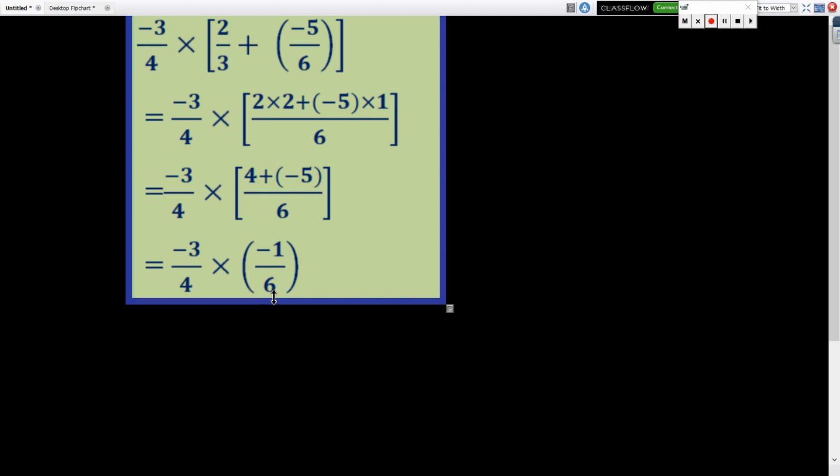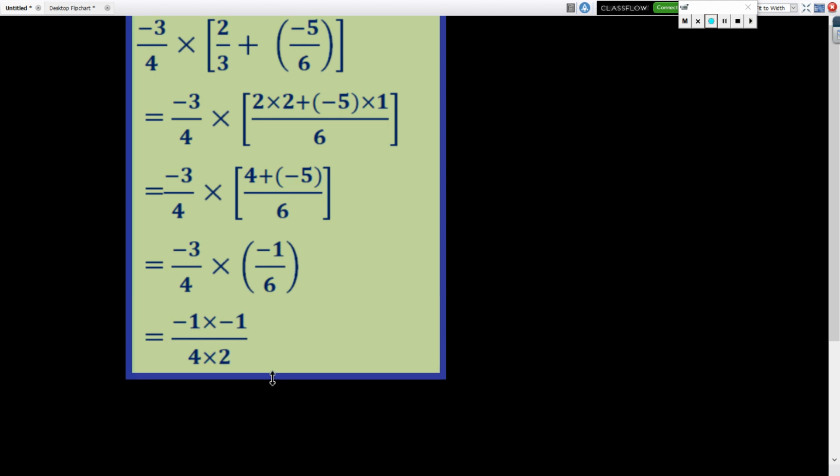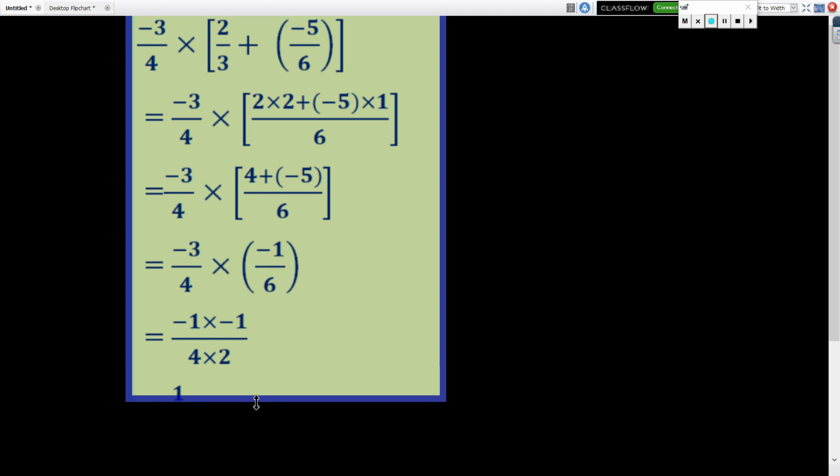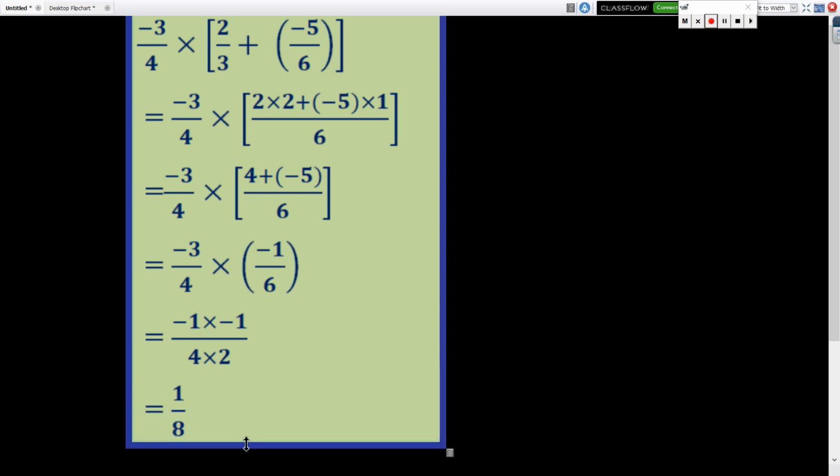Now multiplication: 3 6 2 times, so 3 3 1 time, 6 2 times. So negative 1 into negative 1 divided by 4 into 2. Negative 1 into negative 1, you are getting the answer as 1 by 8. Hope everybody got the answer.